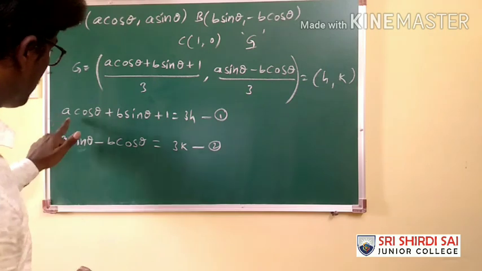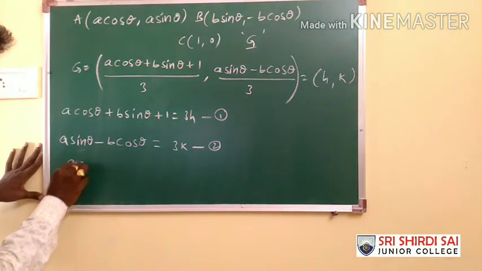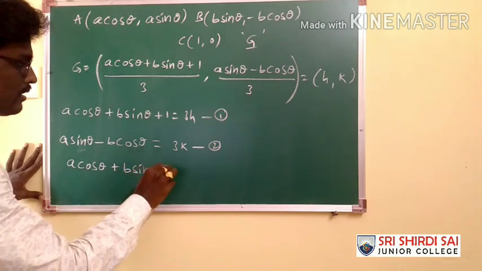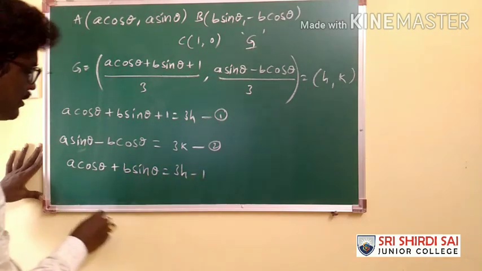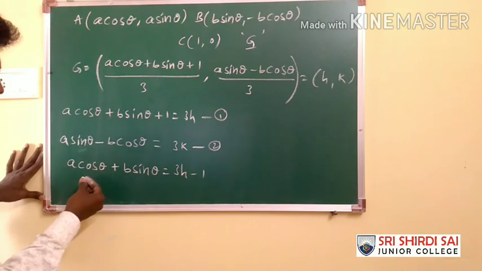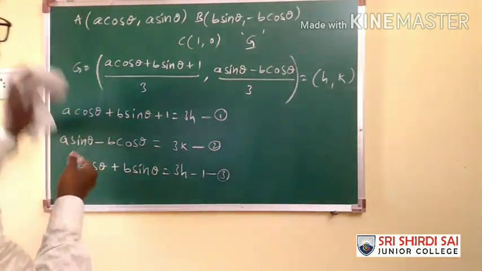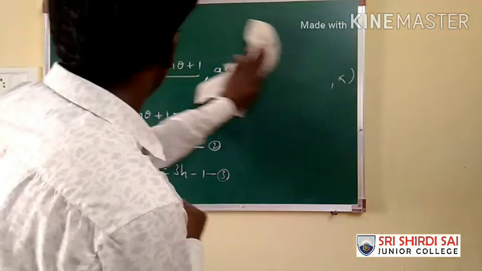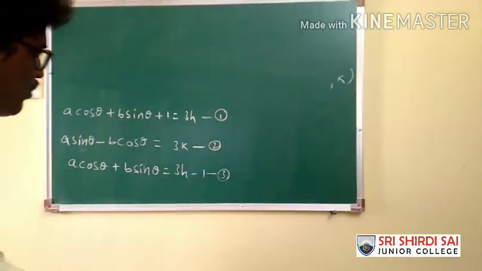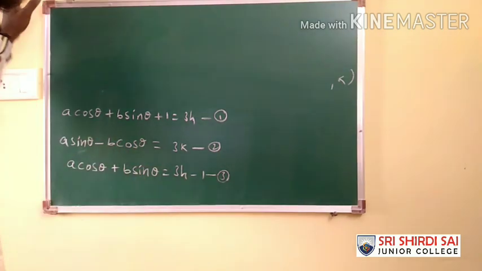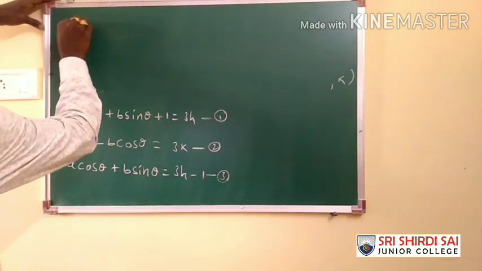First equation we can write as A cos theta plus B sin theta is equal to 3h minus 1. The next equation we'll keep as usual. Let's say this is equation 3. I am just erasing this part. What I am going to do is square both sides of these two equations. What will I get?